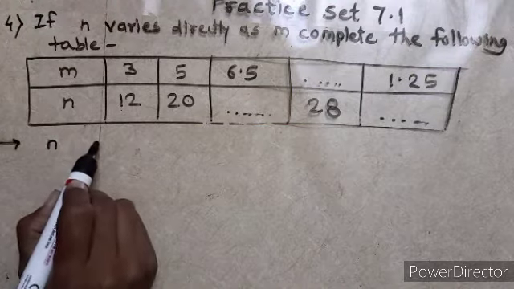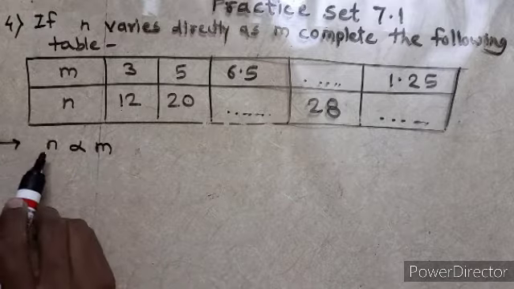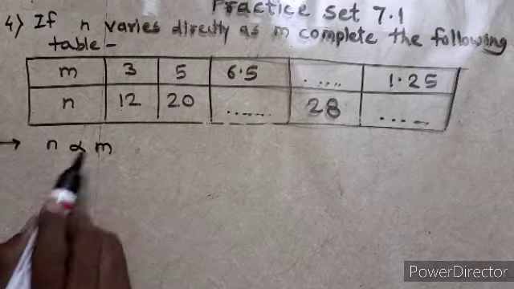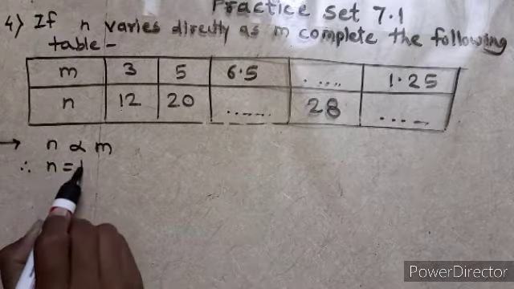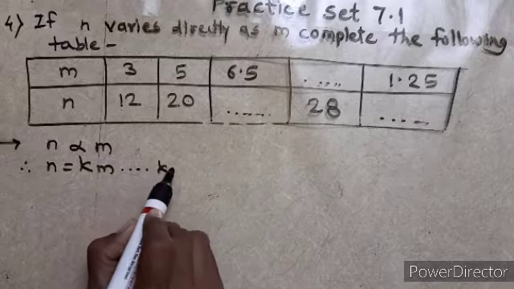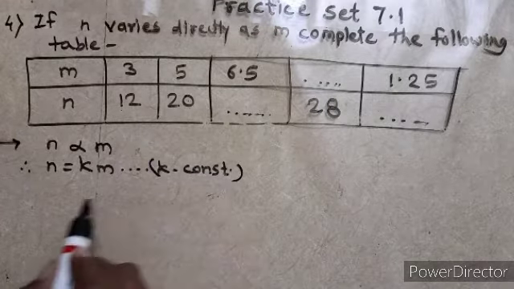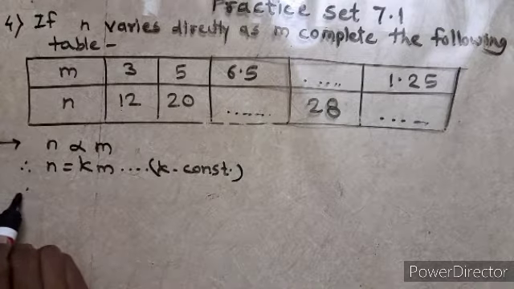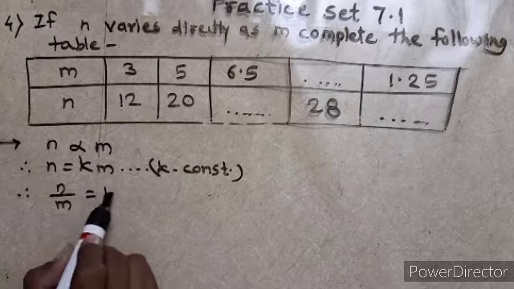N varies directly as m. N is directly proportional to m, and therefore n is equal to km. Here k is the constant, and therefore n upon m is equal to k.